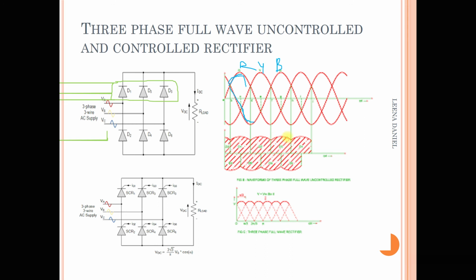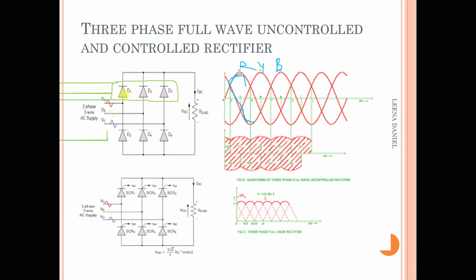So what is the difference between the half wave rectifier and full wave? Here one diode or a thyristor would conduct for 60 degree, D1 would conduct for 60 degree, D6 for 60 degree, D3 for 60 degree. But the difference between the two upper elements or two lower elements is 120 degree.